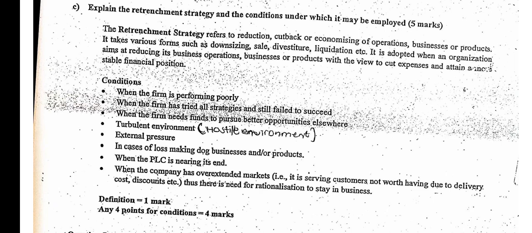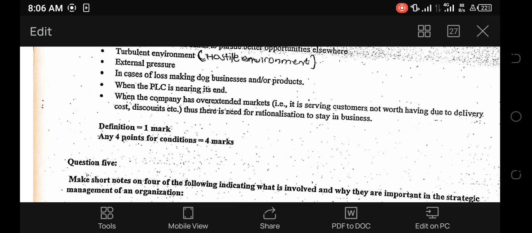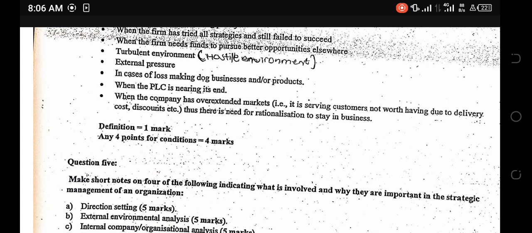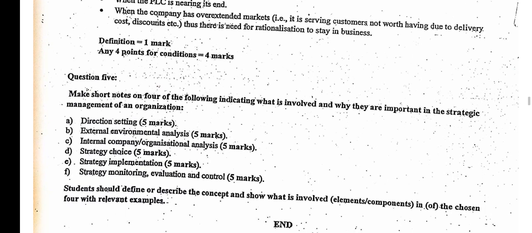Then external pressure from shareholders, maybe stakeholders. Then in case of loss making, dog businesses or products, then where the product life cycle is nearing its end. Then when the company has overextended markets, and it cannot even afford. So any 4 well explained equals 4 marks.